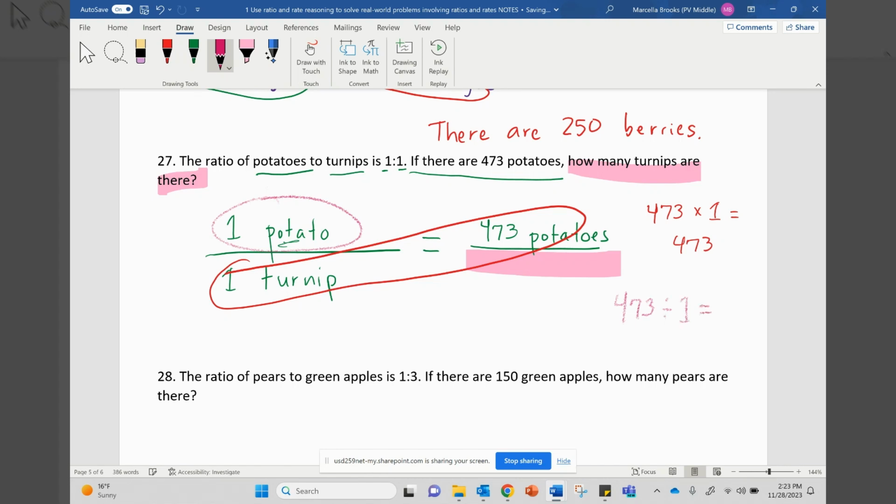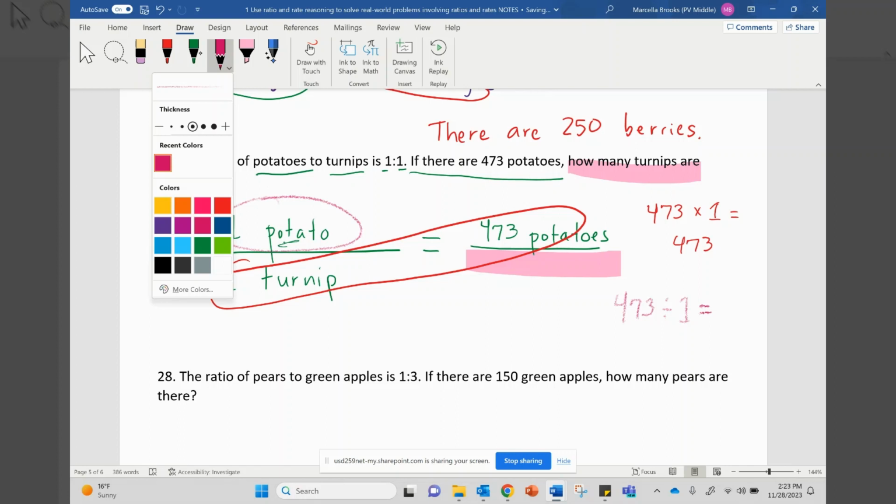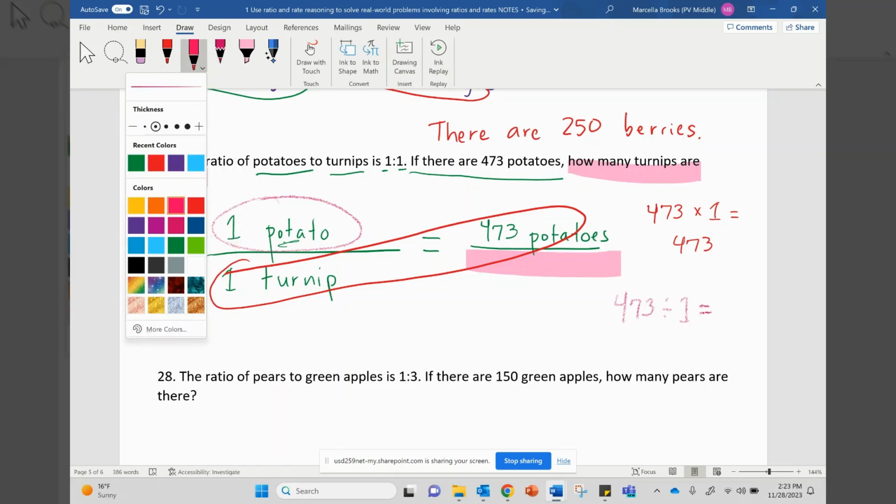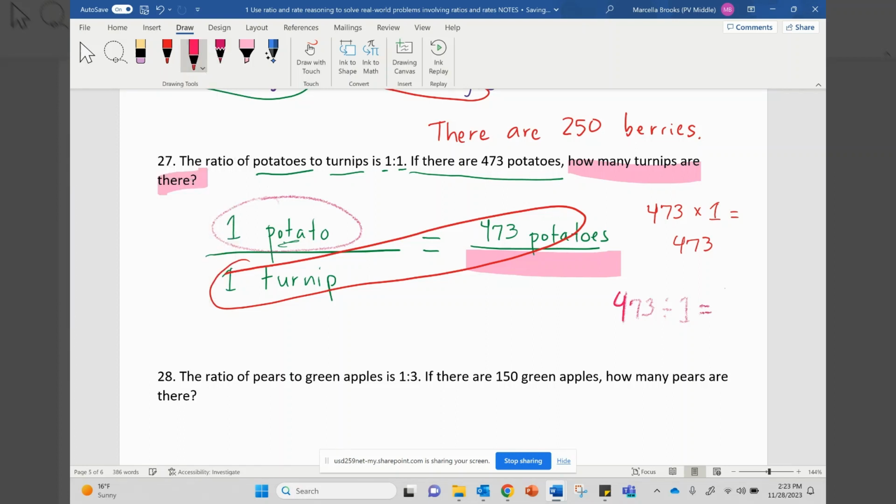I'm going to rewrite this. So 473 divided by 1 is 473. So if the ratio is 1 to 1, if there's 473 potatoes, that means there's going to be 473 turnips. So we need to answer the question, how many turnips are there? There are 473 turnips.